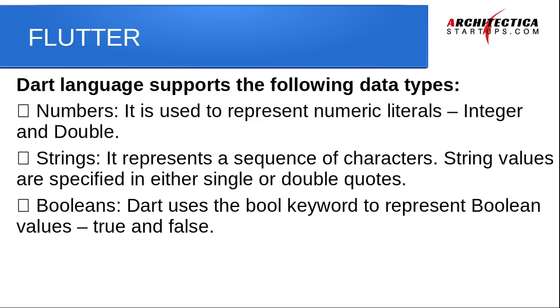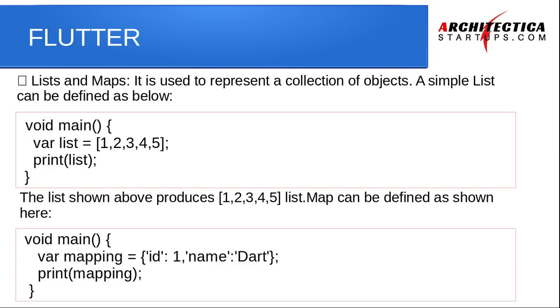A string represents a sequence of characters. String values are specified in either single or double quotes. Boolean: Dart uses the bool keyword to represent boolean values, true or false. And lists and maps are used to represent a collection of objects.